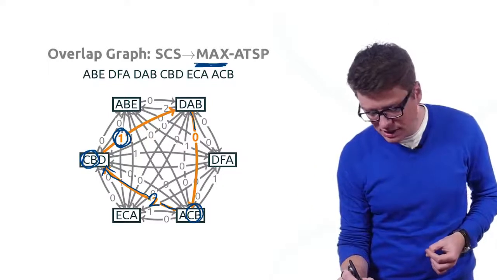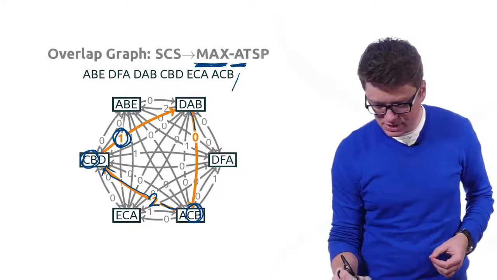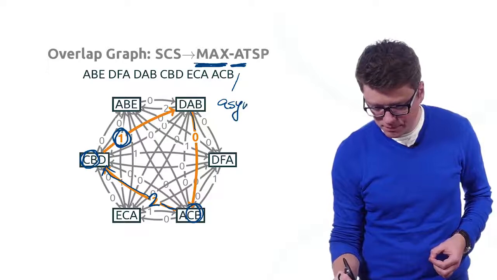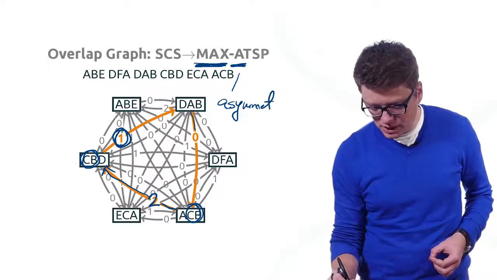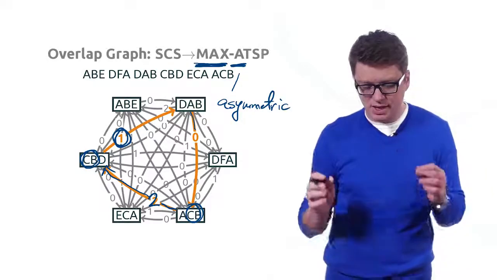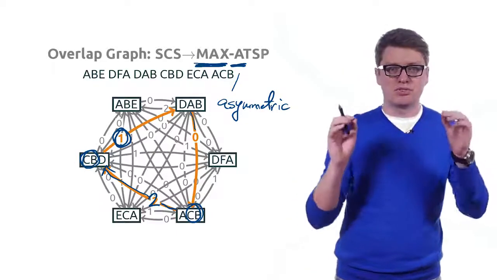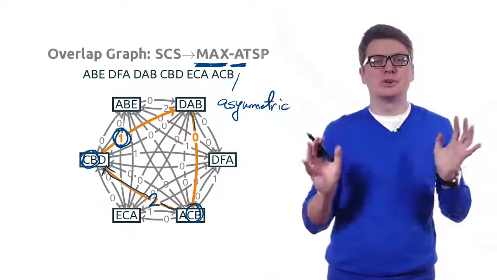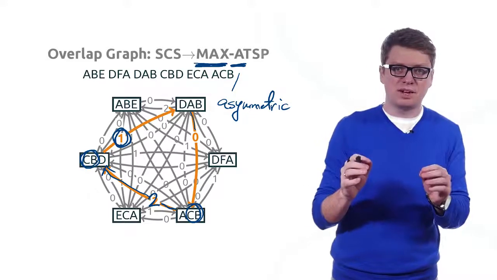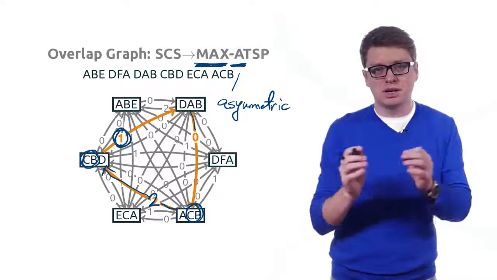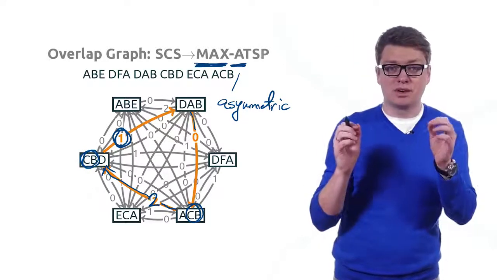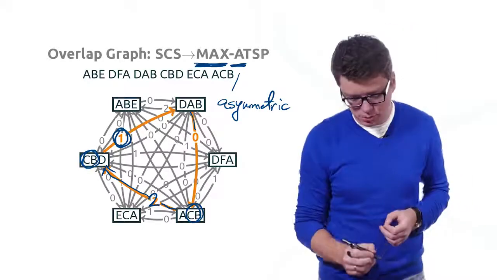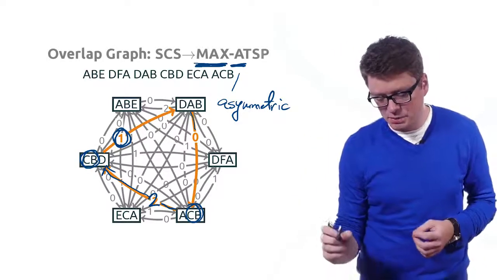And also this letter A here stands for asymmetric. Okay, this means that we have a directed graph. So you can find such abbreviations in the literature. So the Traveling Salesman problem is just a general version. And if you would like to specify that you are looking for a longest path and in directed graphs, you specify that it is a max ATSP.